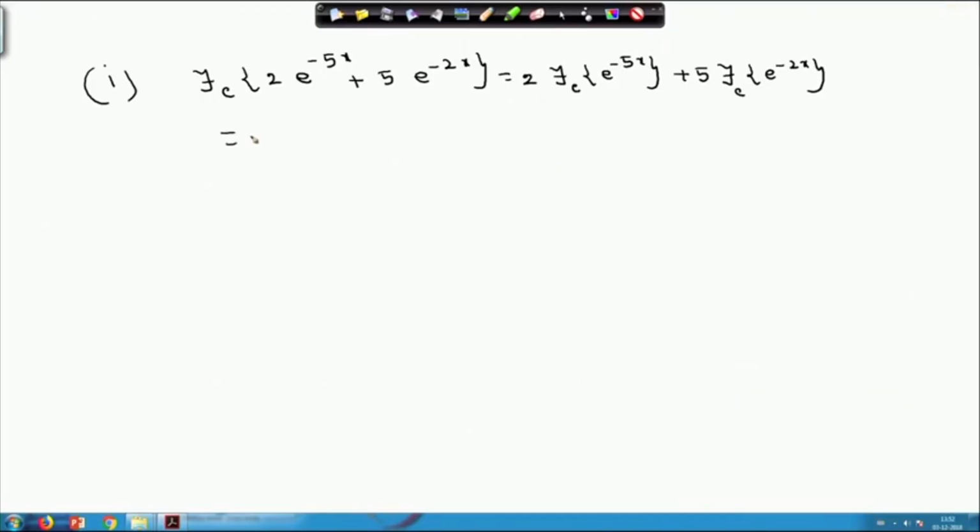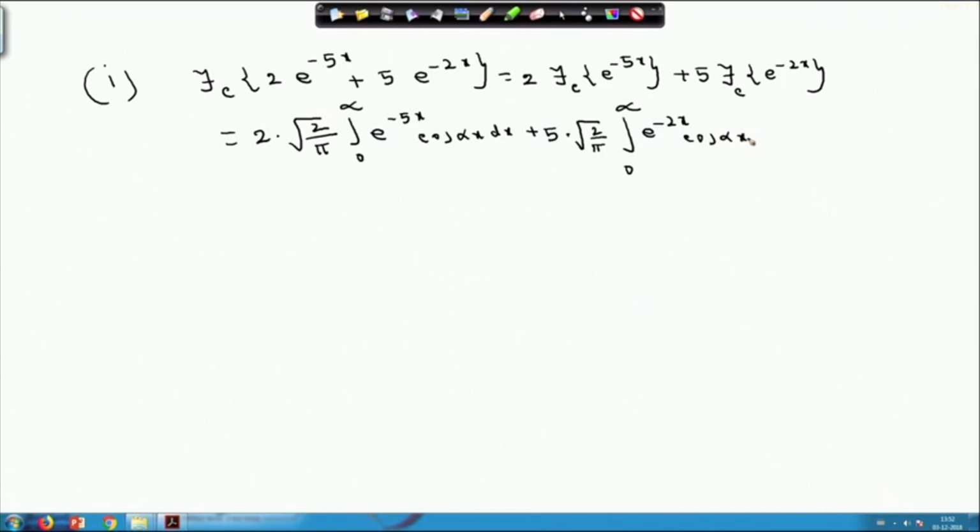Now, this Fourier cosine transform of e power minus 5x equals, from the definition, 2 into root over 2 by pi, integral 0 to infinity e power minus 5x into cos of alpha x dx, plus similarly 5 into root over 2 by pi, integral 0 to infinity e power minus 2x into cos of alpha x dx.